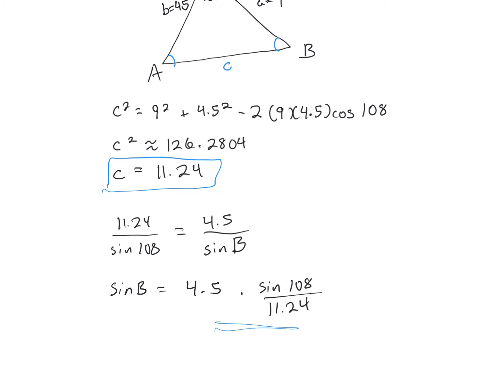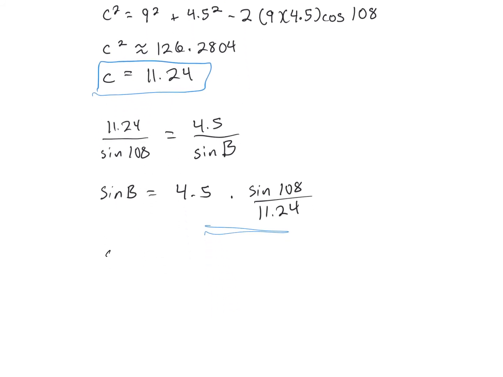So first I'm going to find what that is. I got 0.375, so sine of B equals 0.375, and then if I took the inverse of that, this gives me 22 degrees, so B is actually 22 degrees.